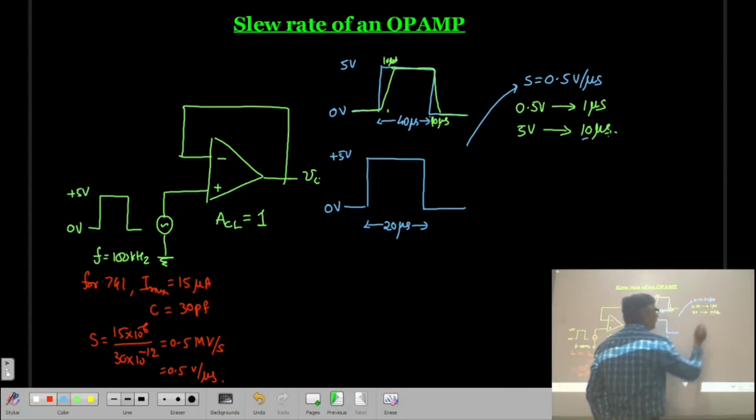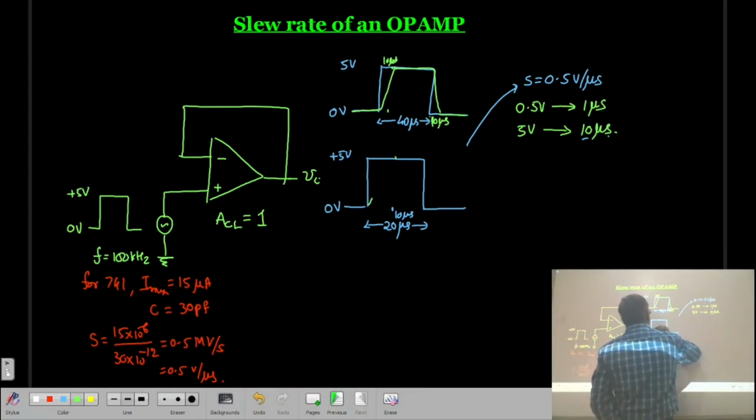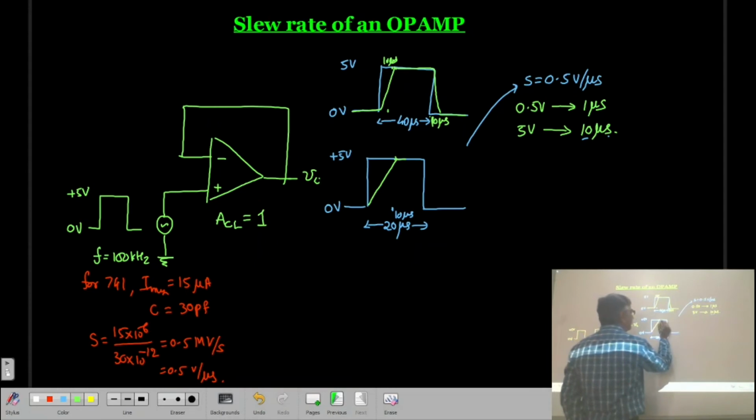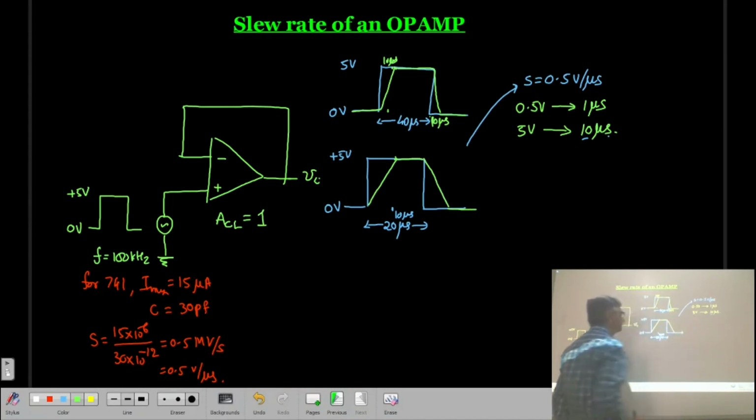Within 10 microsecond, it will reach to the 5 volt. So here we have 10 microsecond, then the output voltage of the operational amplifier will reach in this way. Then it is going to remain constant, and then it will require another 10 microsecond to reach the 0. Here you can see the signal is more distorted.